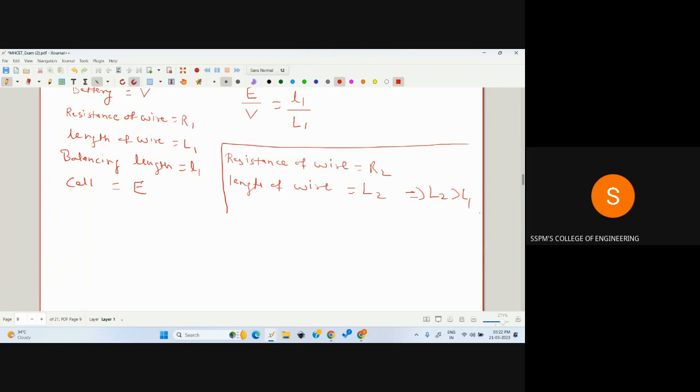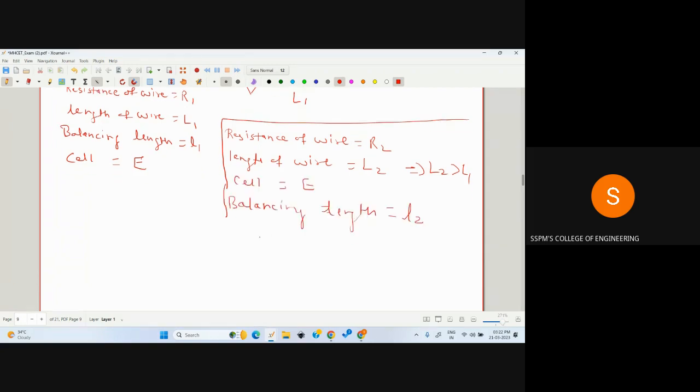Balancing length is small l2. And assume that the location of the jockey is at the null point. Under the balance condition, the equation is now E upon V is equal to l2 divided by capital L2.